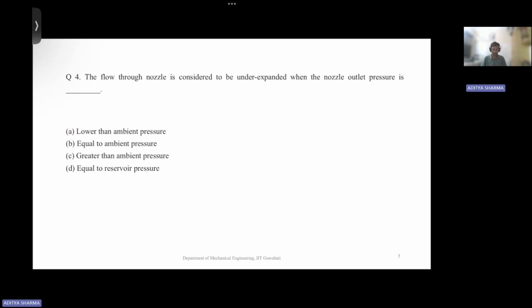So the question says that, question number 4, the flow through nozzle is considered to be underexpanded when the nozzle outlet pressure is... The nozzle outlet pressure I have discussed as exit pressure, and ambient pressure I have discussed as back pressure.